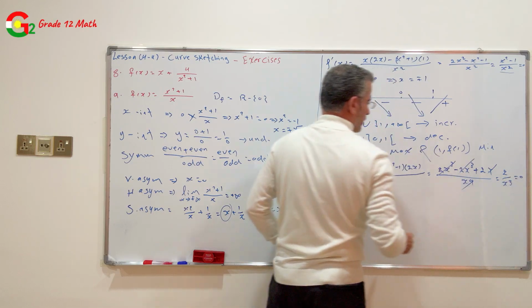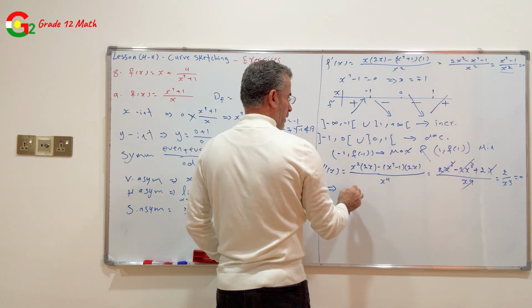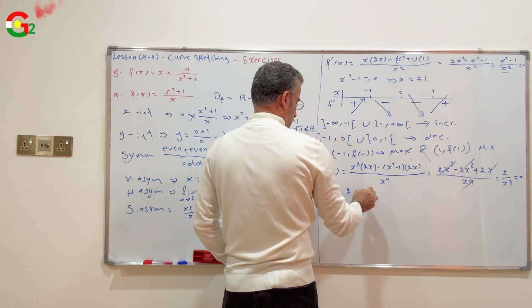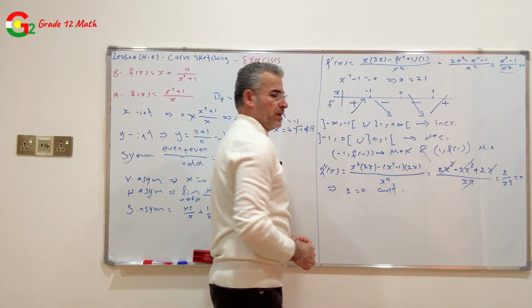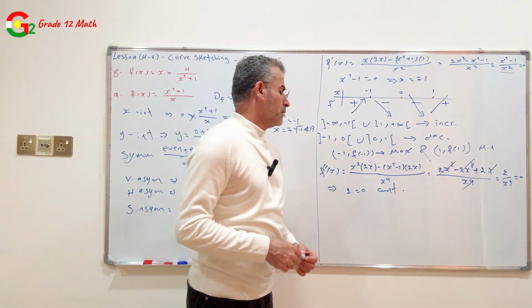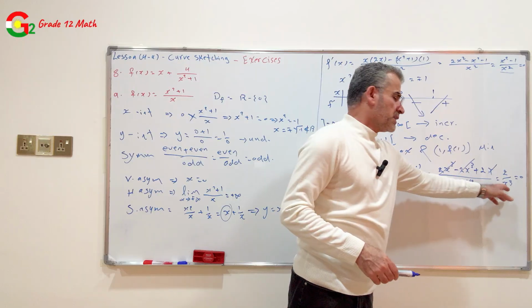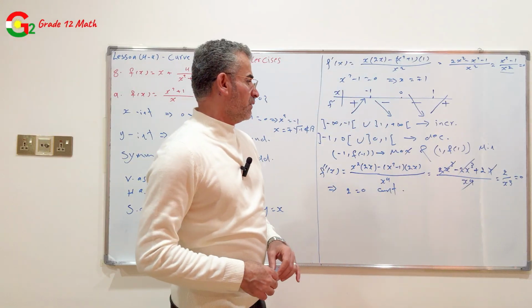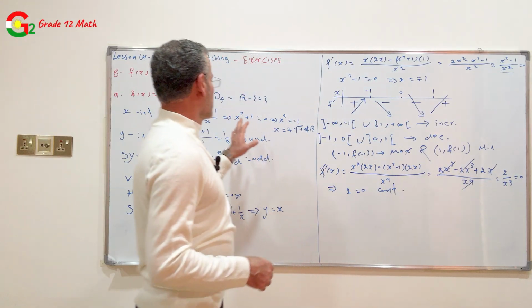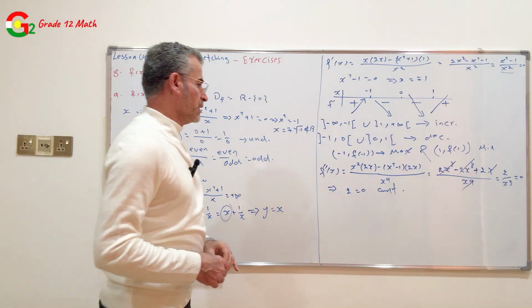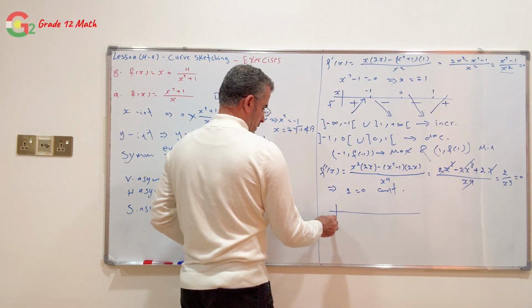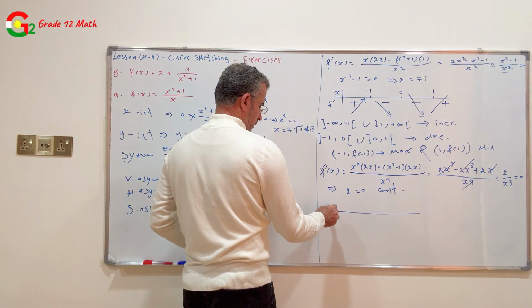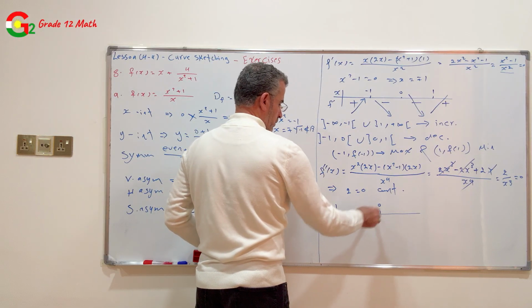Set it equals 0. Then 2 equals 0. Contradiction. There is no critical value. Also, x equals 0 makes the second derivative undefined, but 0 is not within the domain of this function. Now we find the sign of the second derivative before and after 0.